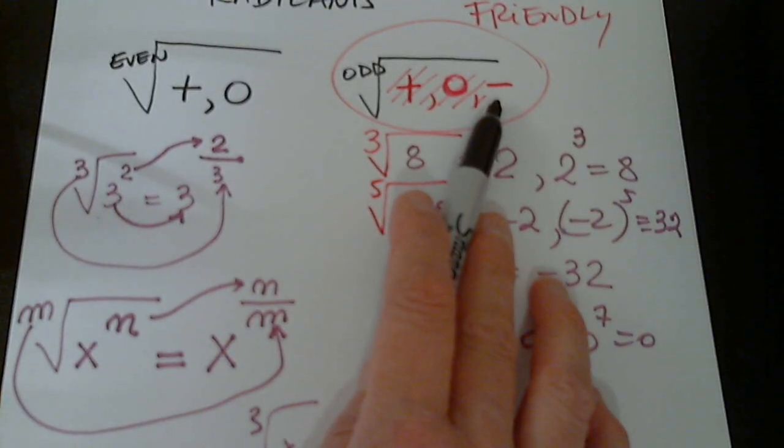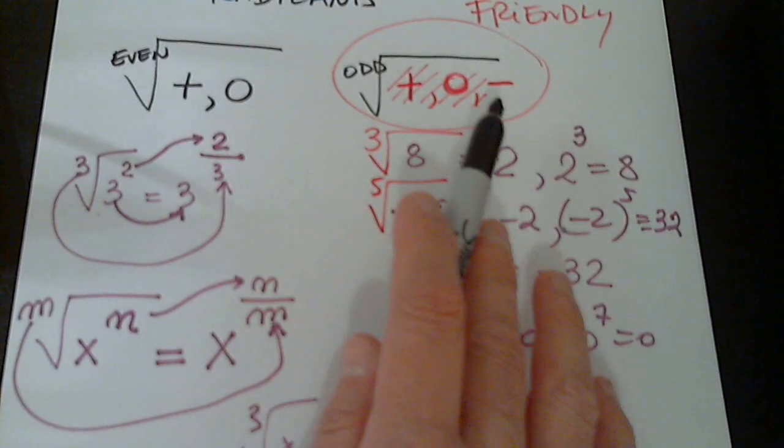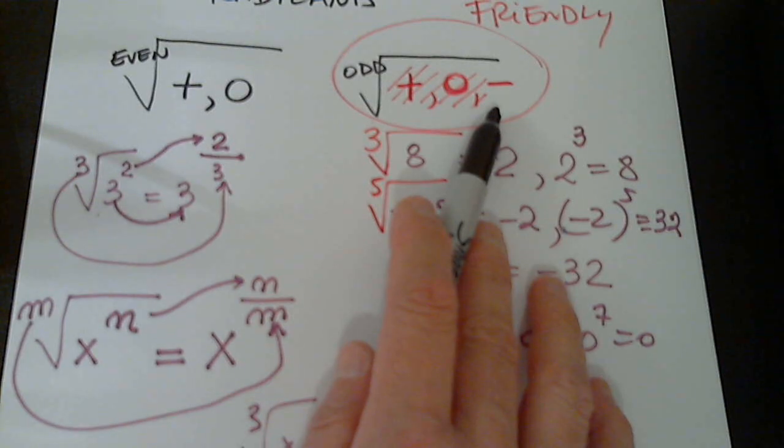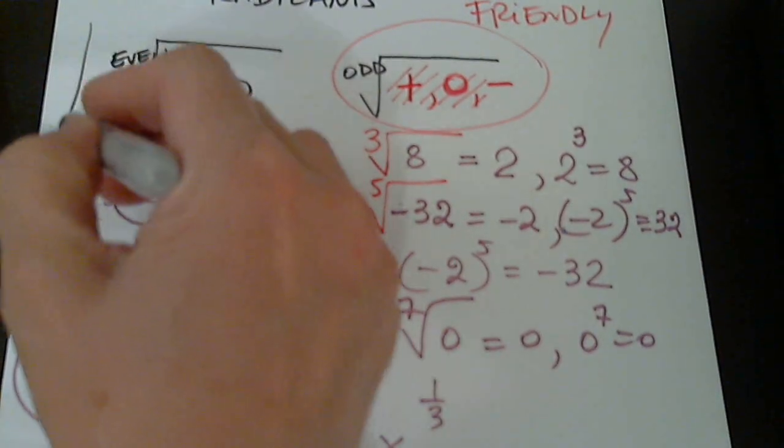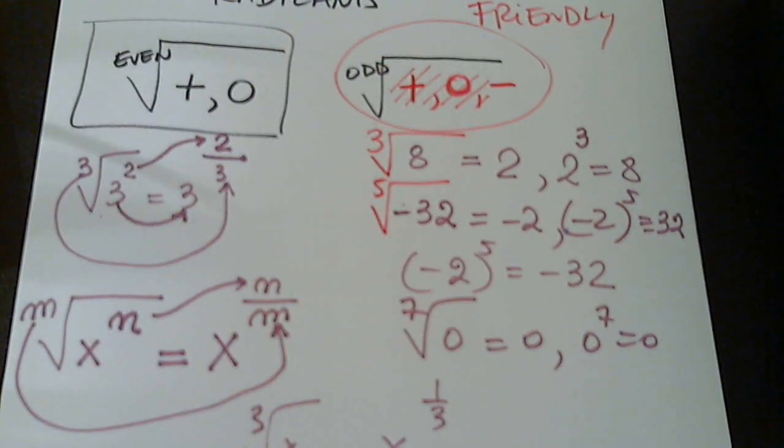I cannot have negative. What happens if I have negative? I'll show you. But the requirement is that under a radical with an even index, all numbers have to be positive or 0.